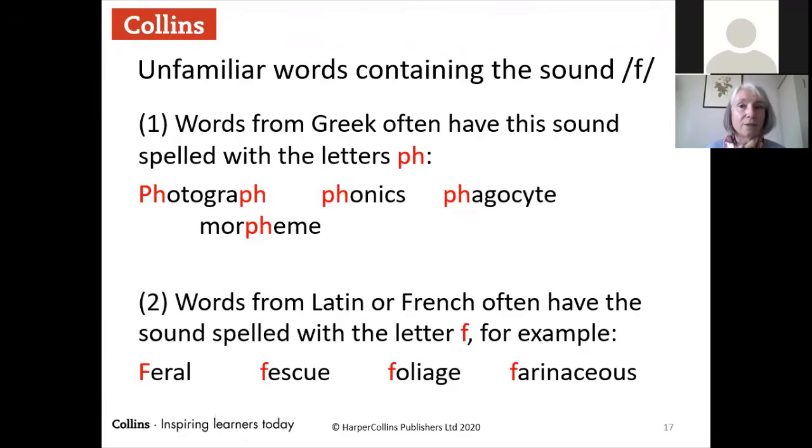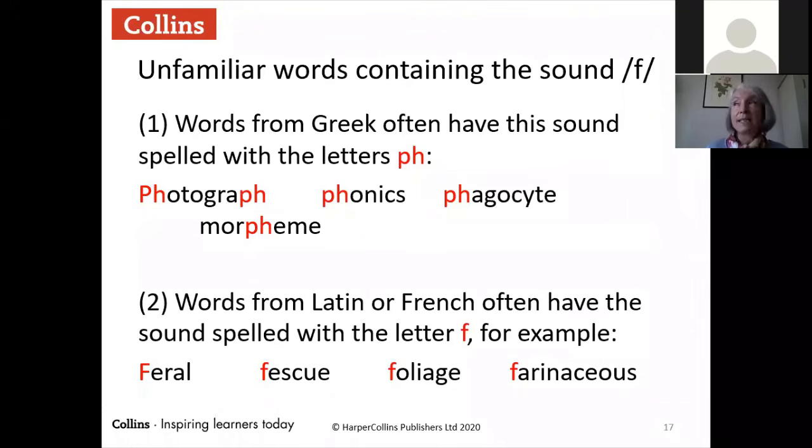And if, on the other hand, you hear a very unusual word, farinaceous, and you think, oh, how do I spell that? Again, ask for the definition and then ask where it comes from. And they will say Latin. And that is your clue that it is not spelled PH, it is spelled with an F. So, for unusual words that contain the sound, ask where they're from, because if the adjudicator says Greek, that's a clue that it's probably PH.